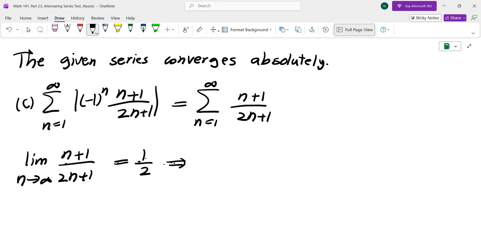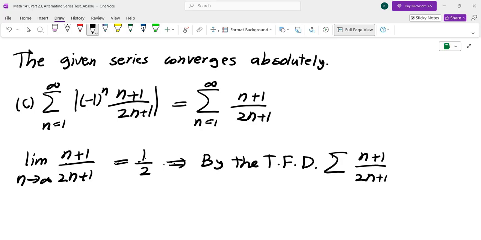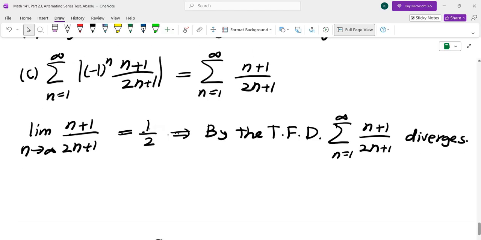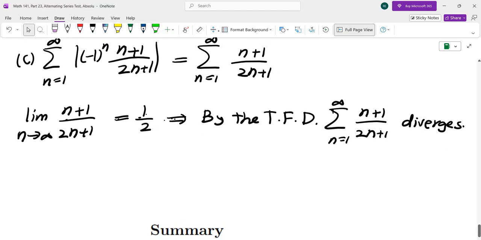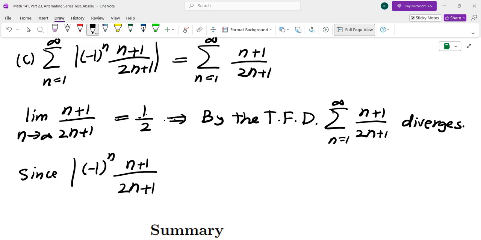So this tells us that by the test for divergence, the series sum of n plus 1 over 2n plus 1 diverges. But what about the original series? Well, the original series also diverges because the absolute value doesn't converge to 0, so absolute value of negative 1 to the power of n times n plus 1 divided by 2n plus 1 doesn't converge to 0.